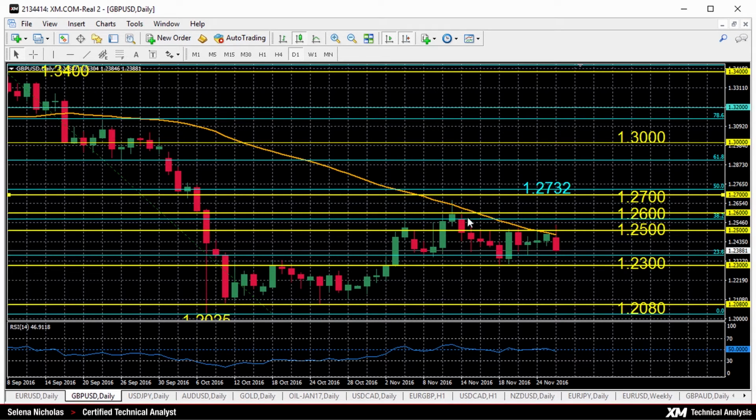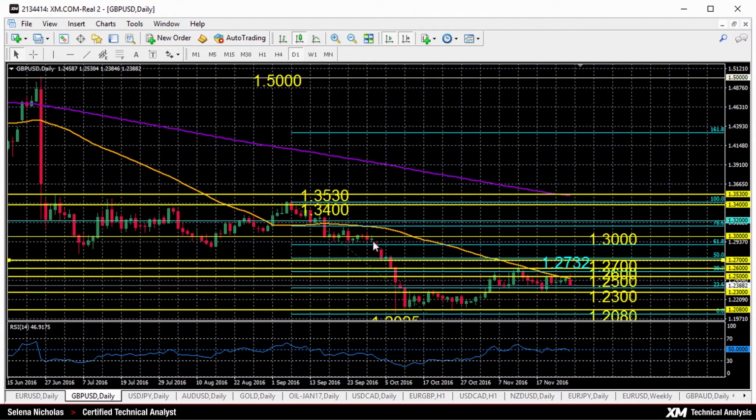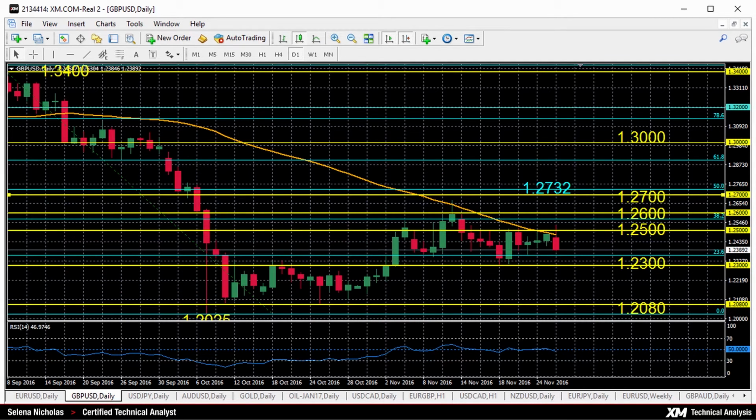So the overall bearish market structure that started back in September, it's still in place with consolidation going on right now. Market would have to rise above at least 1.27 in order to change the market structure to a more bullish one in the short term.